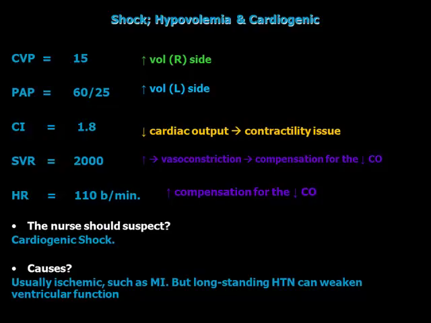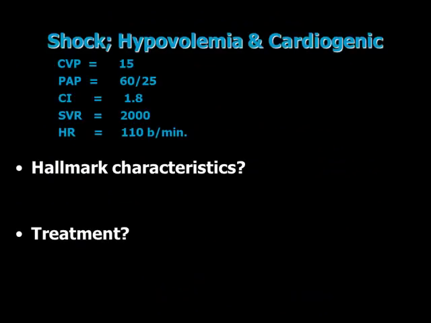But notice that long-standing hypertension, in other words, the left ventricle constantly pushing against that high pressure in the aorta, will cause the left ventricle to weaken just in and of itself. It doesn't happen in a day or a month. It happens over a few years, and of course it's untreated hypertension.